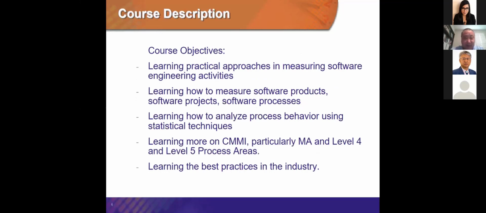Let me talk a little bit about the course objective. The key is that hopefully I can help you, and we can work together to learn how metrics can be effectively used to identify problems, identify risk areas, analyze deeply what the problem is, and validate the result or effectiveness of your improvement actions.